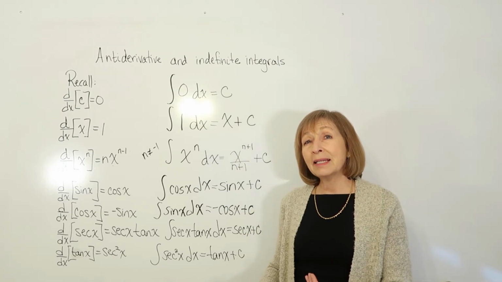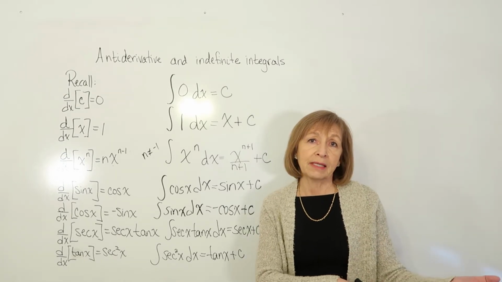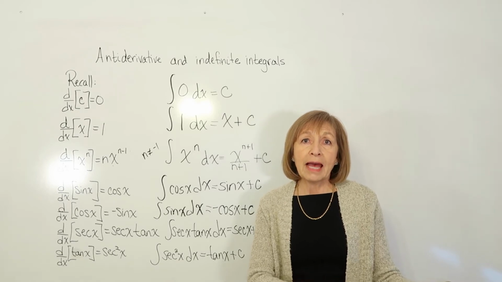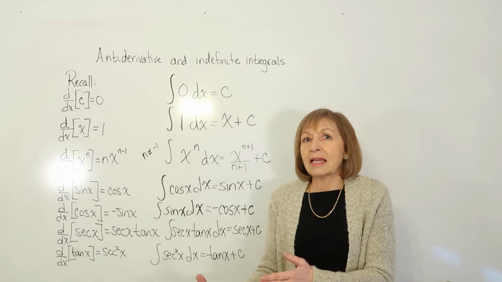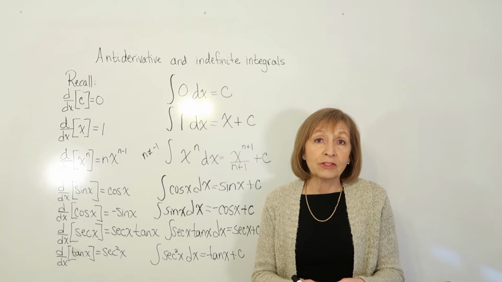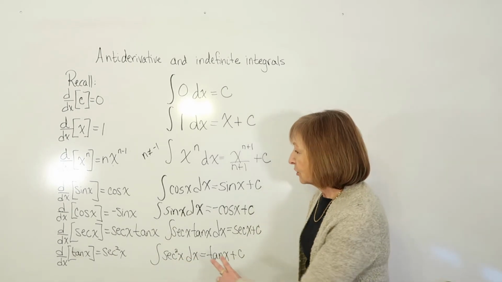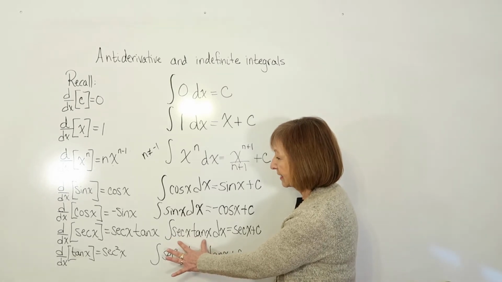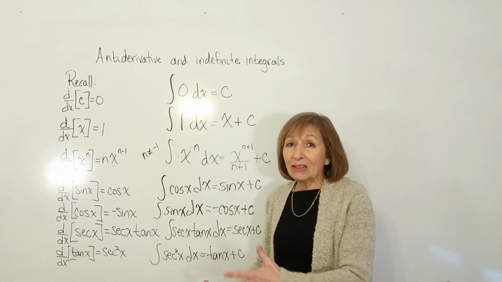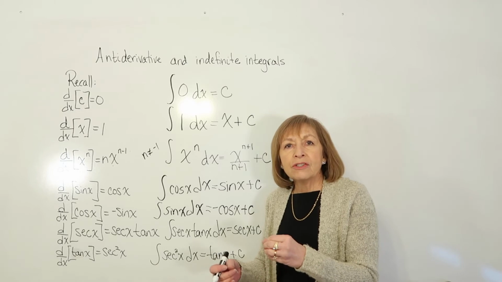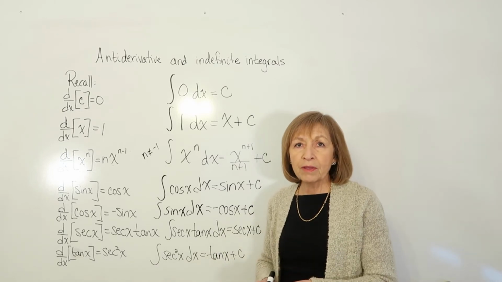And I need to recognize when it needs something a little bit more involved, as opposed to when it's just actually something that was a derivative of an original function and I can just work my way back. So when I see the integral of secant x tangent x dx, that looks like, oh my gosh, I've got a multiplication there, I've got to be careful of how I work with that.